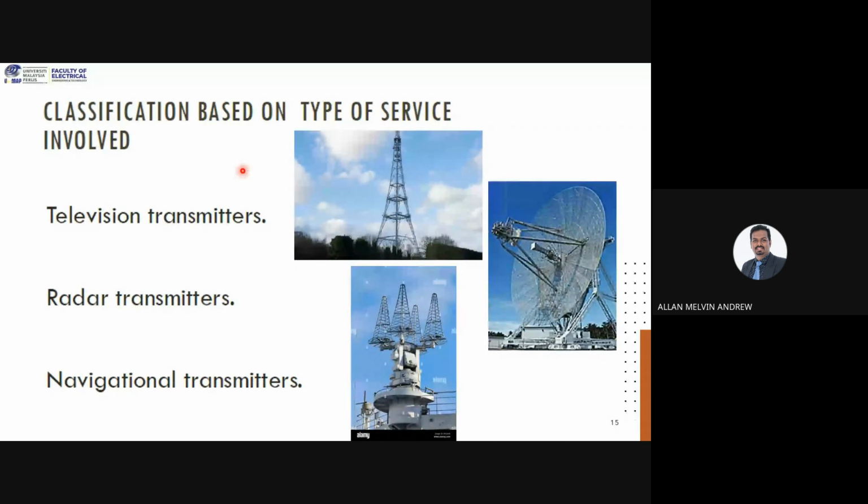So different applications have different constructions of transmitters, and also receivers. It's very important. You cannot use a television transmitter for radar transmission, and you cannot use a navigational transmitter for television. It might not fit the purpose, so you need to select the correct transmitter for the correct application.